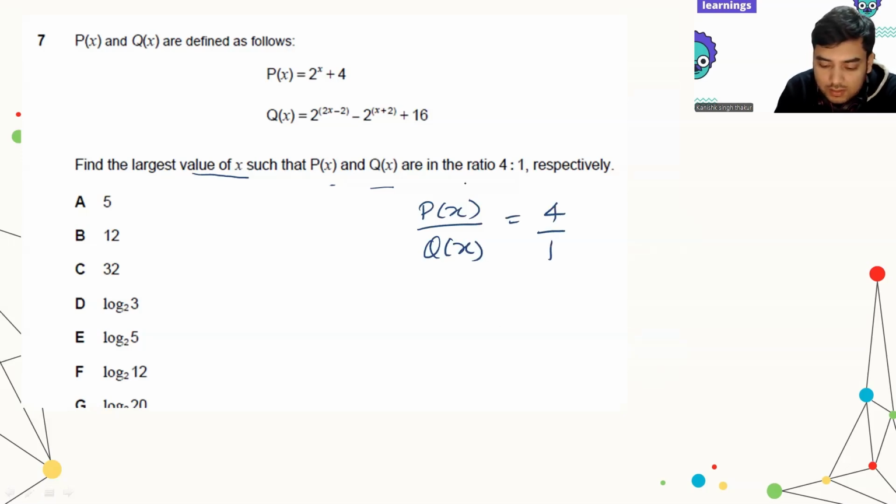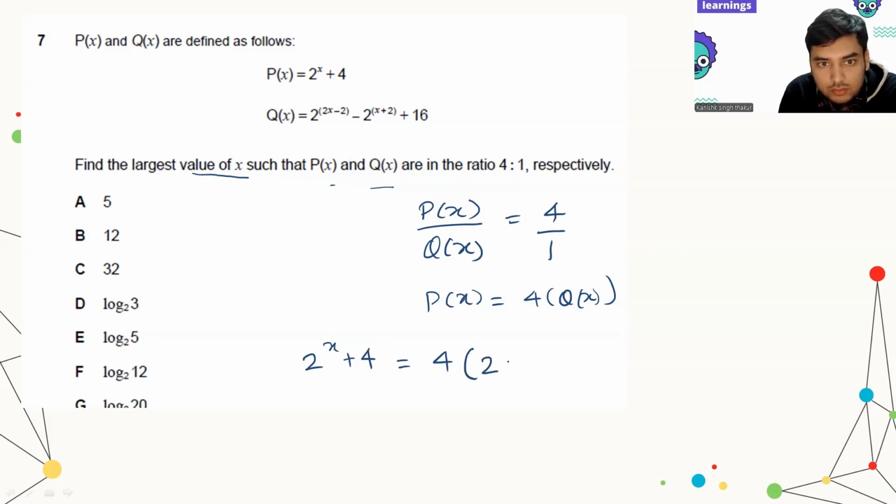This means that P(x) is equal to 4 times Q(x). P(x) is 2^x plus 4, and 4 times Q(x), which is 2 times 2^x, I'm writing it splitting it, minus 2 times x plus 2 plus 16.